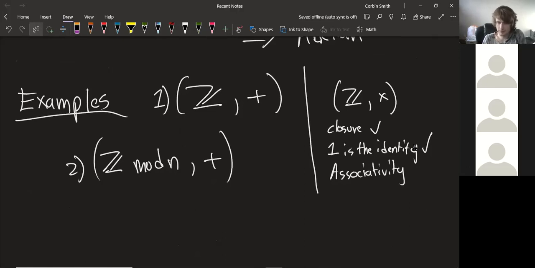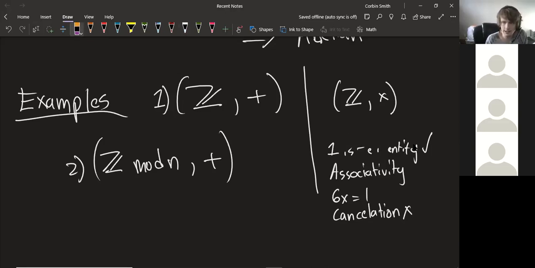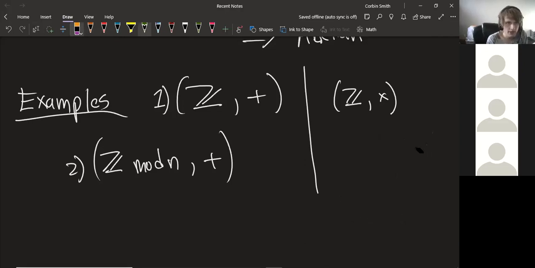But let's just look at this equation. Can we solve this over the integers? No, we cannot. So we do not have cancellation. So the integers with multiplication is not a group. All right. So let's look at another non-example. Let's look at Z mod N with multiplication, where N is composite.